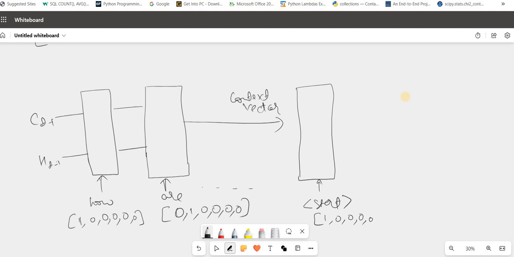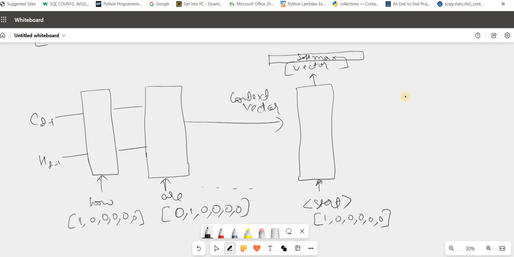Whatever vector value has been created, that will be given as input. And we say that every timestamp it generates an output. So in output it will generate a vector. And in the decoder we use a softmax.